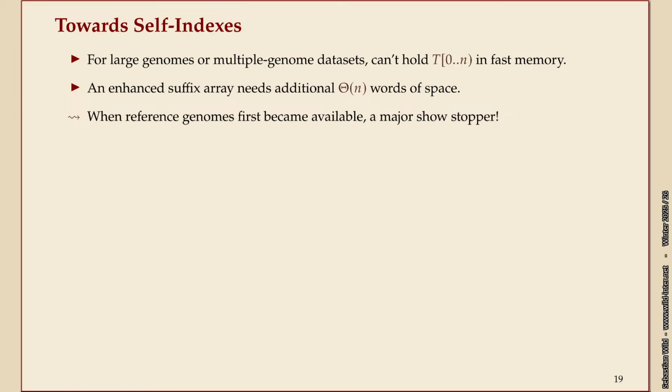It'll come back. For everything we've done so far, we need the text essentially in fast memory to do random access on the characters. And that can be a problem. For a single genome these days, 4 GB of main memory is not a big deal.